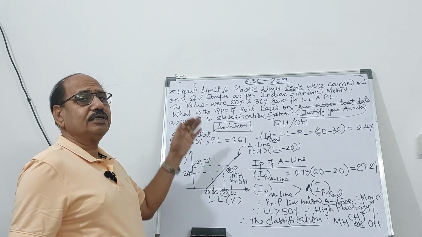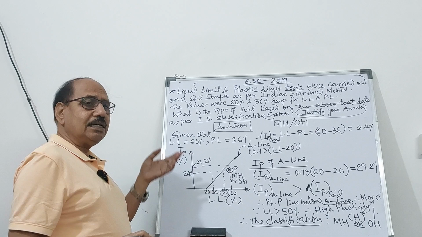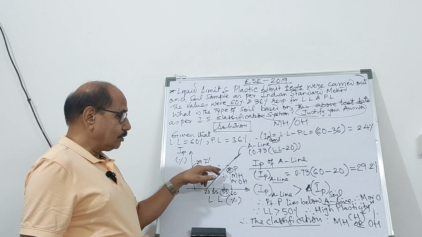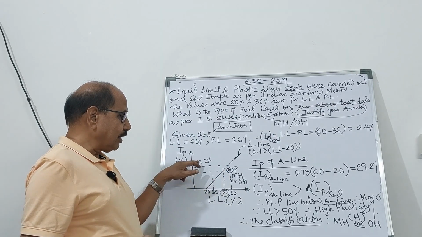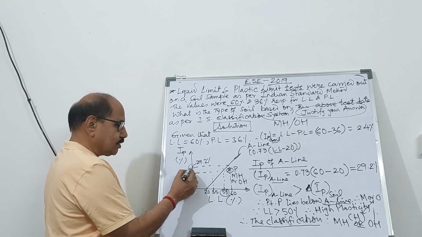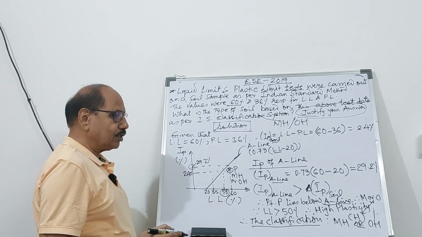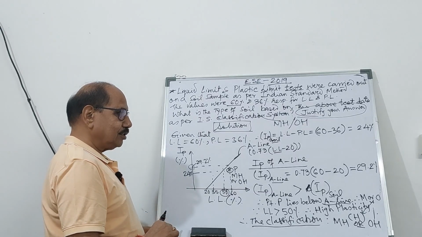If it is above the A line, it is going to be clay with high plasticity. But because your point has IP of only 24%, whereas IP of the A line is 29%, your point is below the A line, and therefore it is going to be MH or OH.